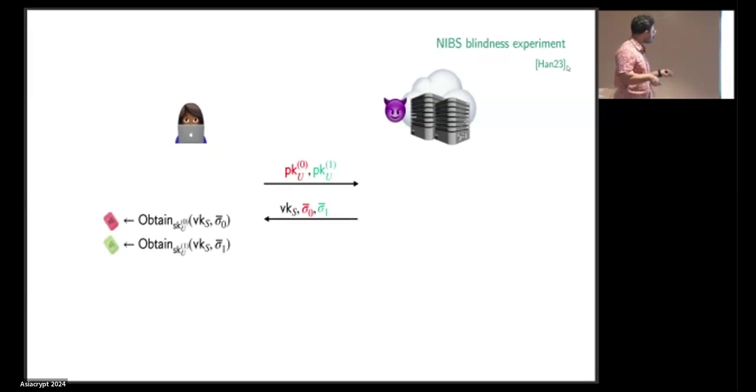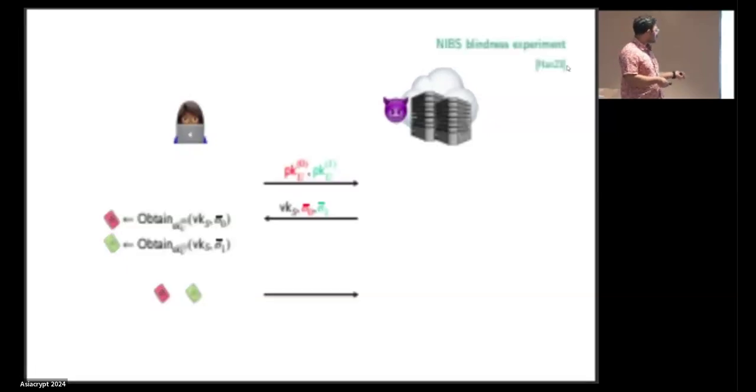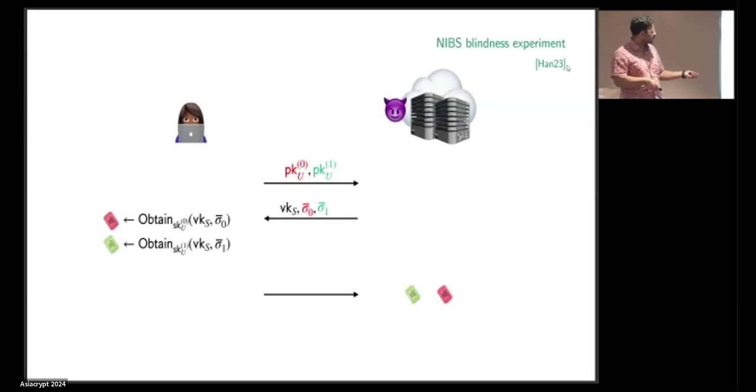And then the user will extract the message-signature pairs from these two pre-signatures. Here I've colored them red and green, so just for simplicity, I'll call them the red and green tokens. Before sending them back to the adversary, the user rearranges them based on a bit that it has sampled, so it shuffles these tokens and then sends them over.